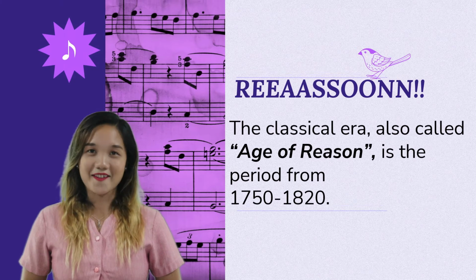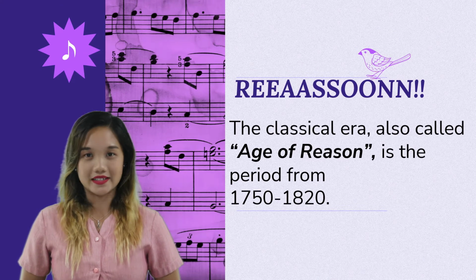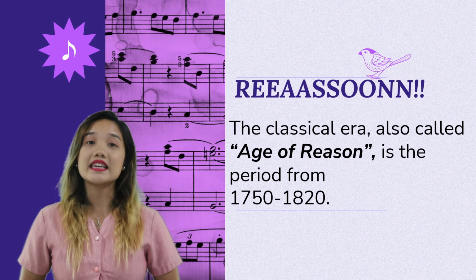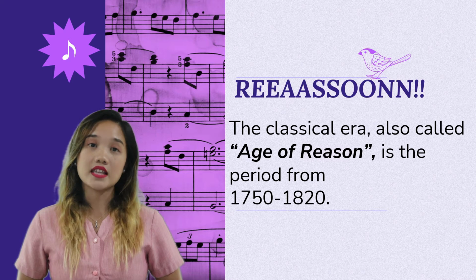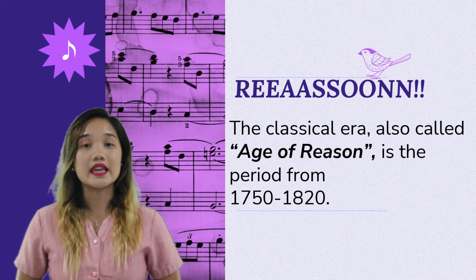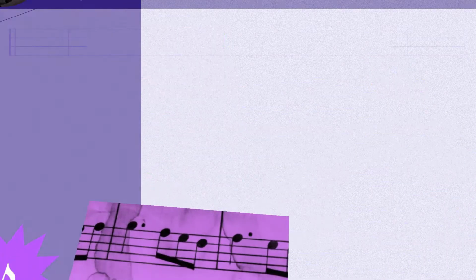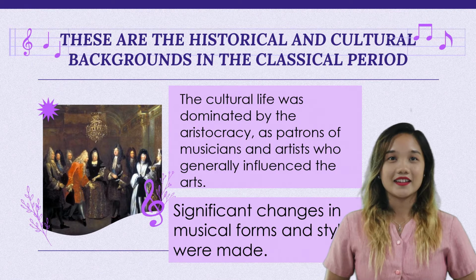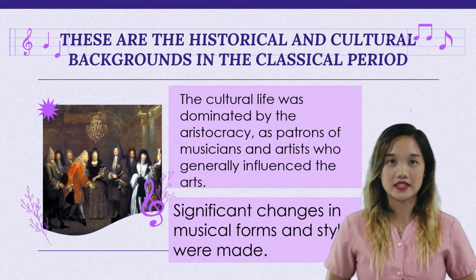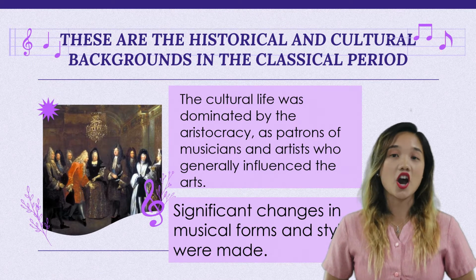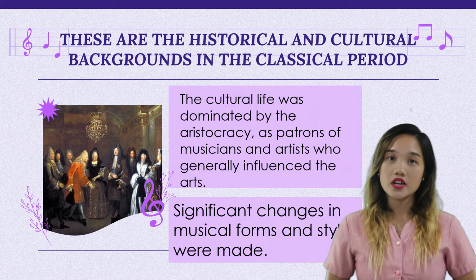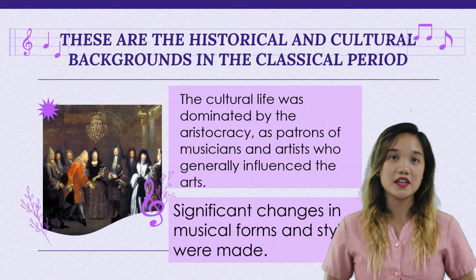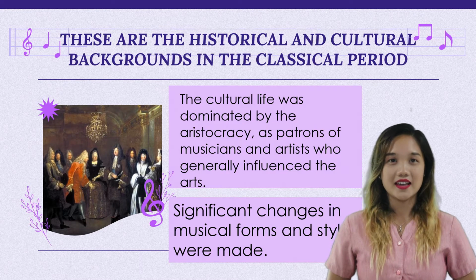The classical era, also called the Age of Reason, is the period from 1750 to 1820. The cultural life was dominated by the aristocracy as patrons of musicians and artists who generally influenced the arts.